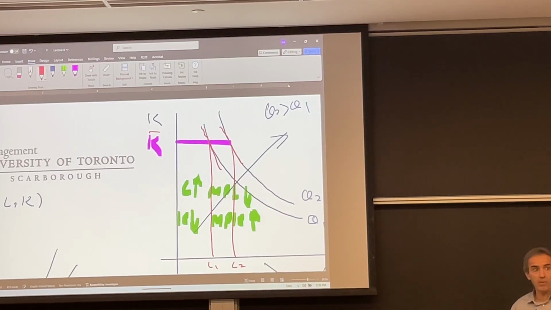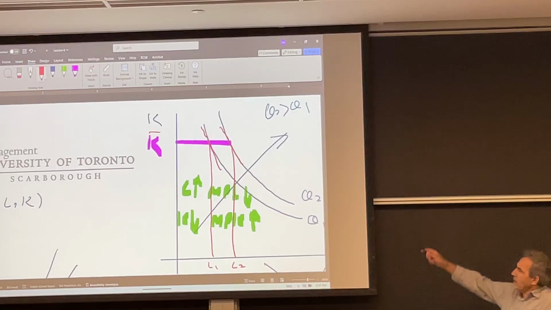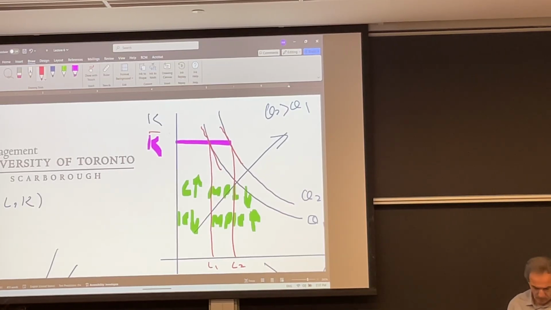That moved me to a higher production level, from Q1 to Q2. What's the relation between these two MRTSs? That's one MRTS, let's call this point A. That is the MRTS at point B. What do you expect the relation between the two to be, and why? Anyone?